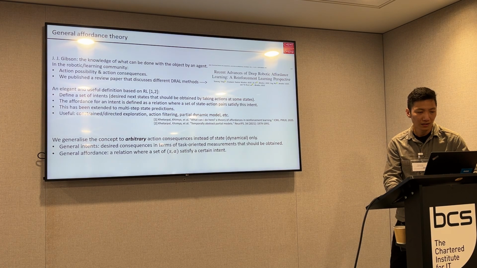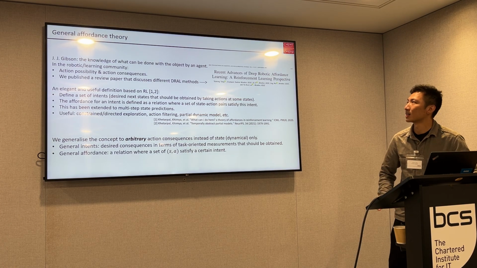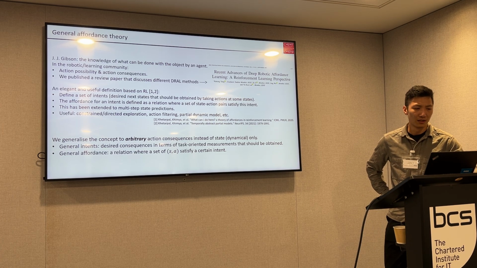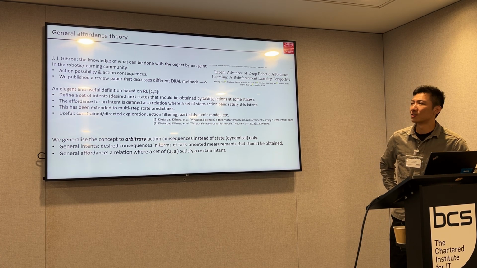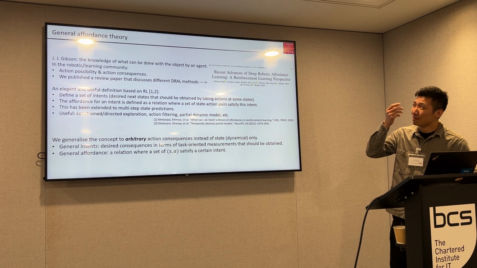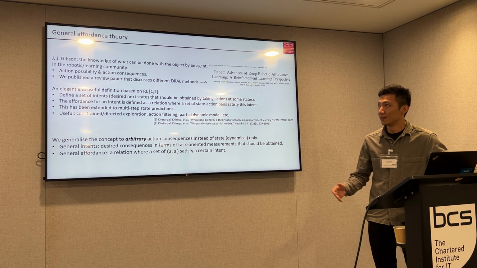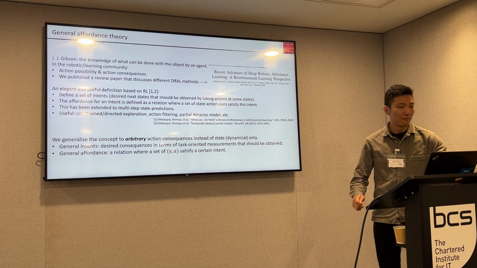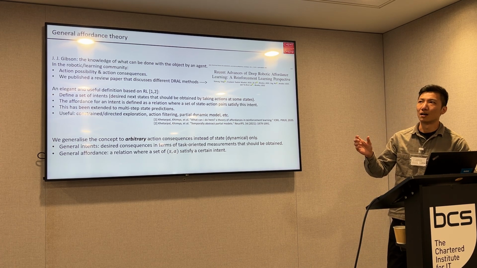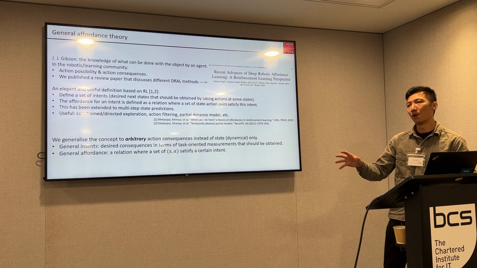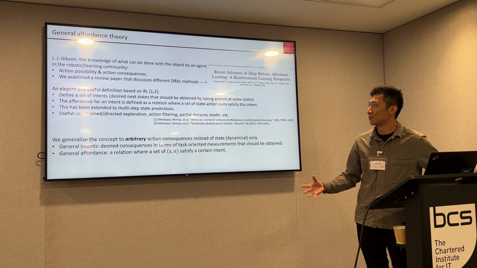And then what we came across is this concept of affordance from the psychology field, and basically it's about the knowledge of what can be done with the object by an agent in a certain environment state. And in robotics, we use this mainly for whether an action of the robot is executable in a certain state and what the consequences of executing the action are.